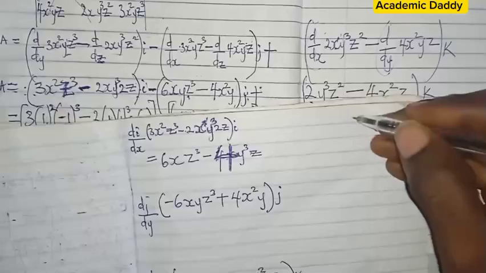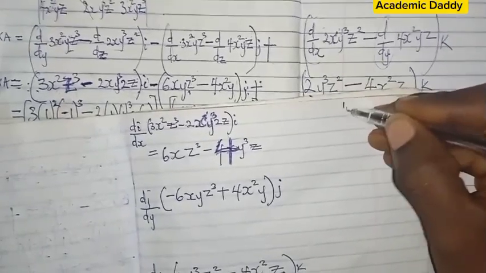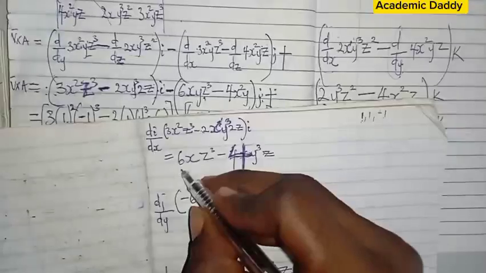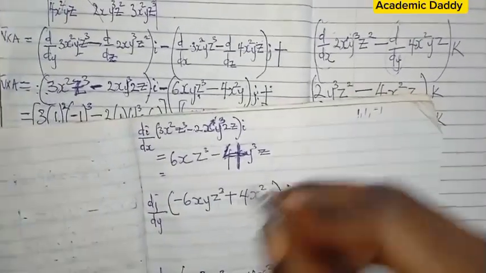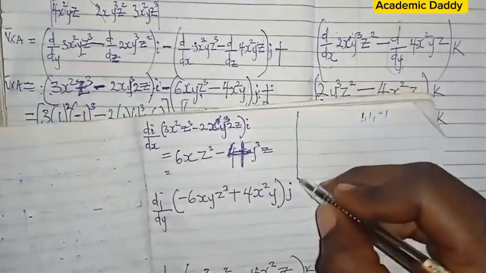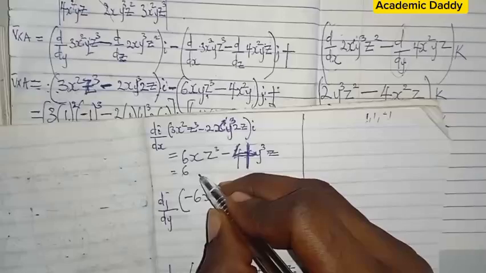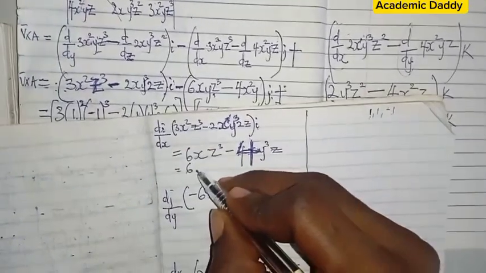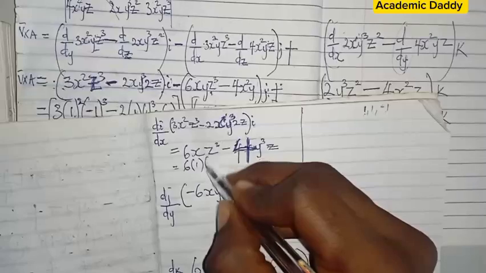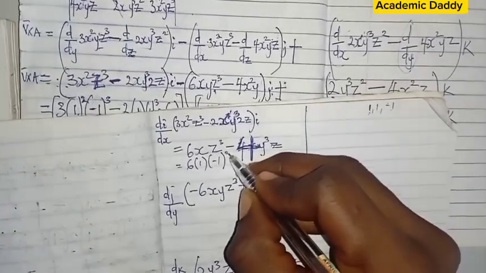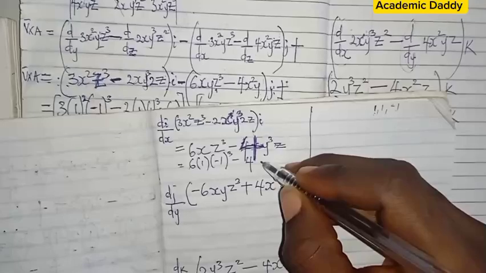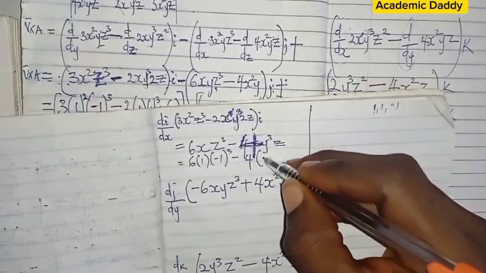So remember that the point we were given is 1, 1, and minus 1, that is x, y, z. So now 6, the i and i dot will be out, 1 times minus 1 cubed, minus 4 into 1.